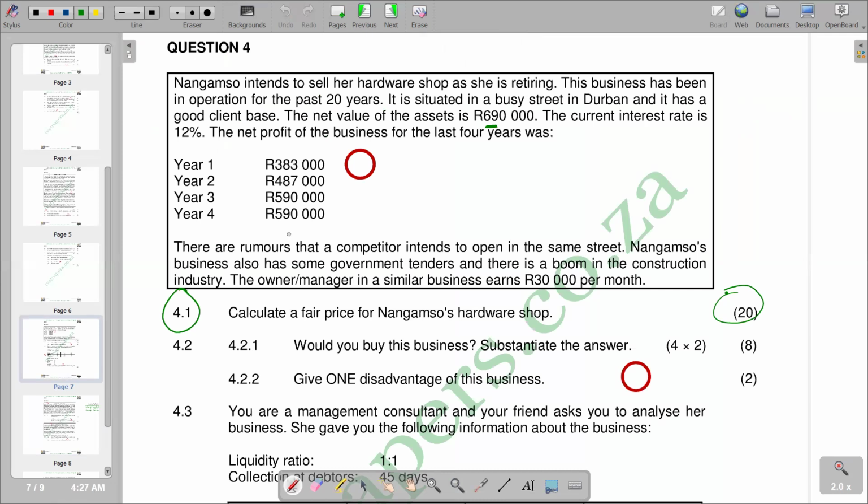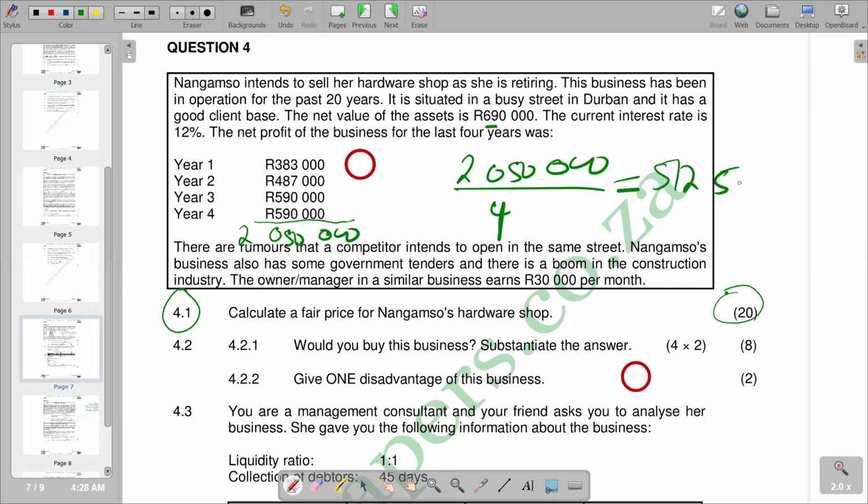If we calculate them, we get the total of all these figures, which is 2,050,000. Then we divide this figure by 4 to get the average. So the average now becomes 512,500.